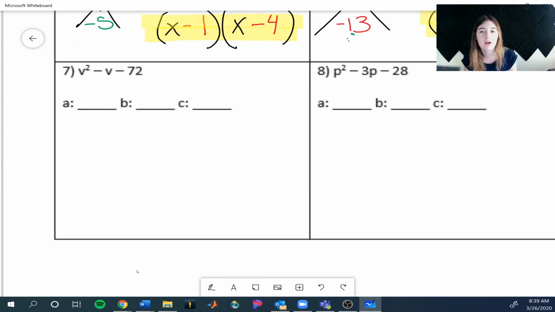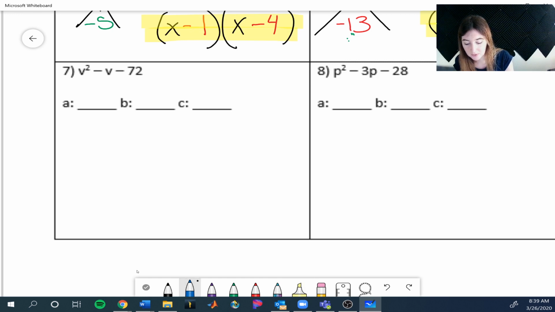So let's go ahead, let's look at this guy right here: b squared minus b minus 72. All right, so I'm going to list out what is a: 1. What is b? What number is in front? Negative 1. And what is c? Negative 72.